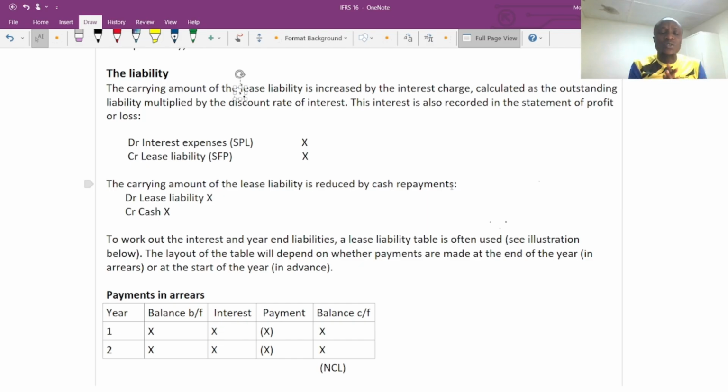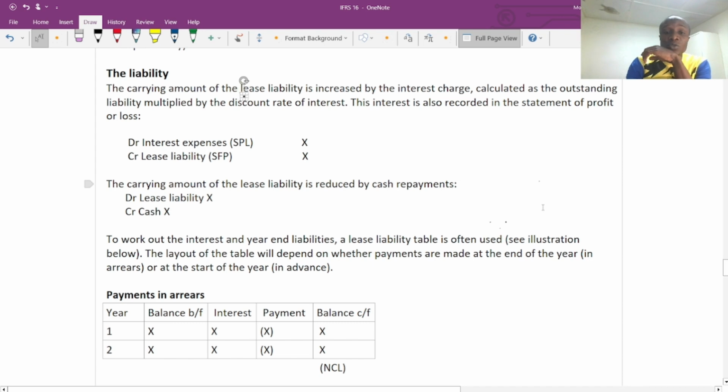You need to know these two double entries because we are going to use them throughout the session on the subsequent measurement of the liability. Also, when we look at IFRS 9, you need to know this double entry, because when we look at amortized cost, this is the method that we are going to use.